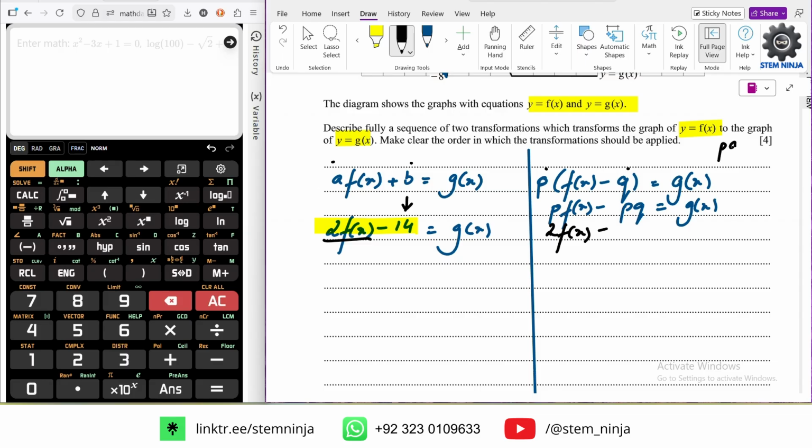So your PQ is 14, and we determined that P is 2, right? So Q would be just 7, right? So f of x minus 7 equals g of x.